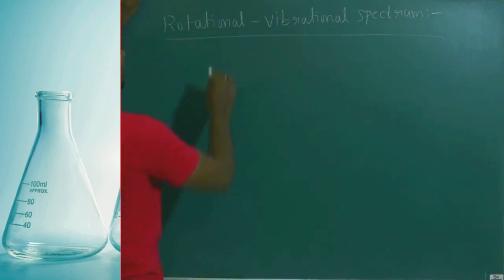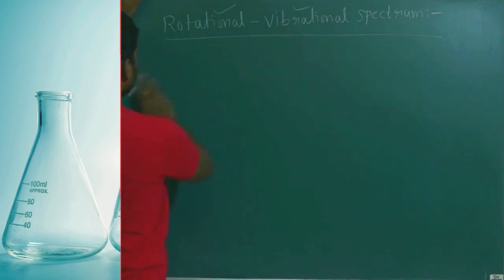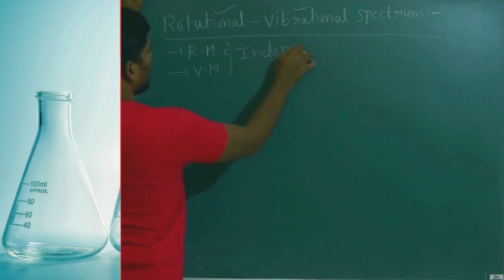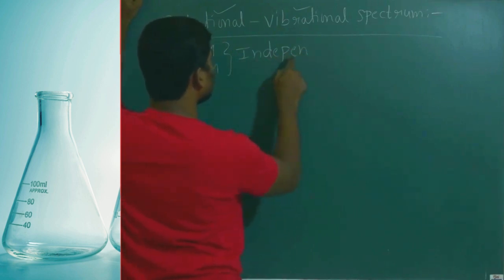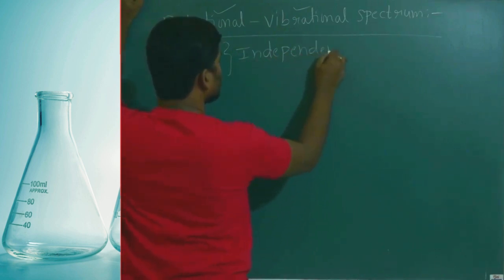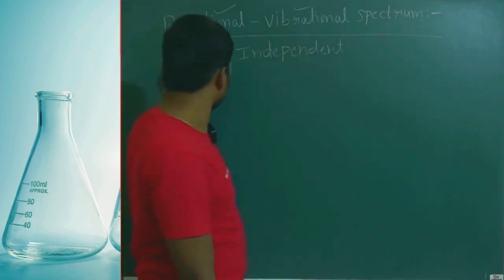So now we have to consider both rotational motions and vibrational motions. Here we take an assumption according to the Born-Oppenheimer approximation: let us consider vibrational and rotational motions to be independent.